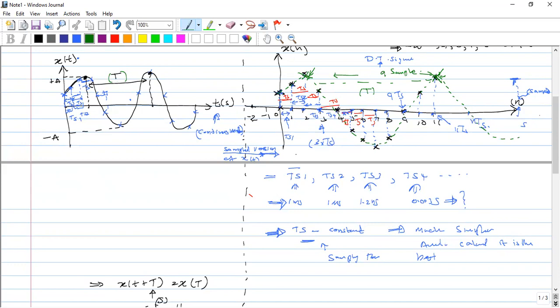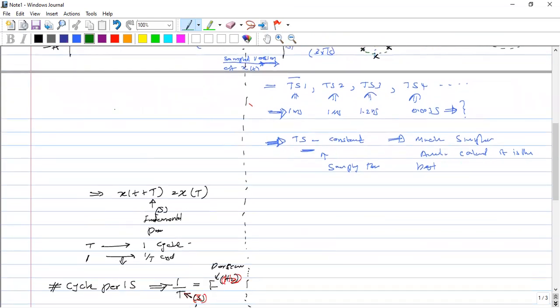So, to be periodic, for a discrete time signal the condition is x[n + N] should be x[n]. So this N is a number of samples.